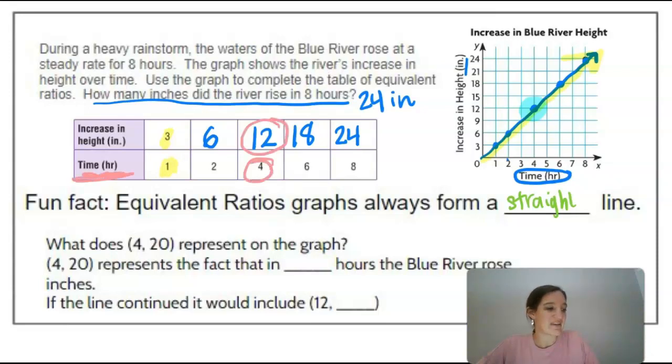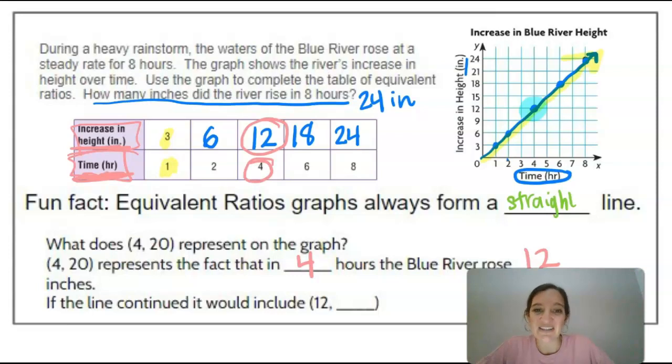The 12 is dealing with the increase in height of the river. So it represents the fact that in 4 hours, the Blue River rose 12 inches, right? So yes, it's just a dot, but that dot represents something, and you can figure out what that is by looking at your labels here.